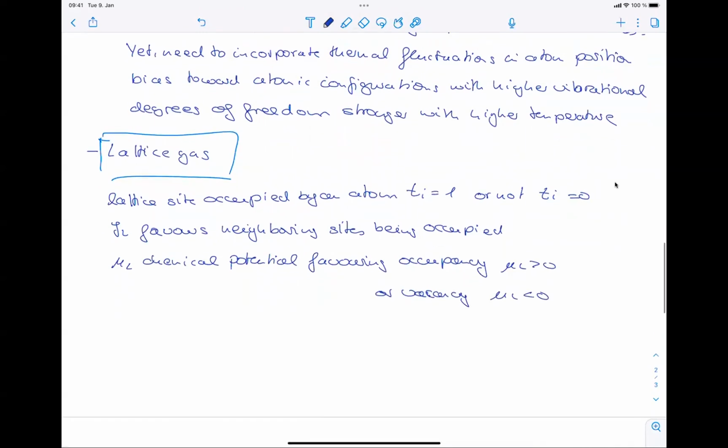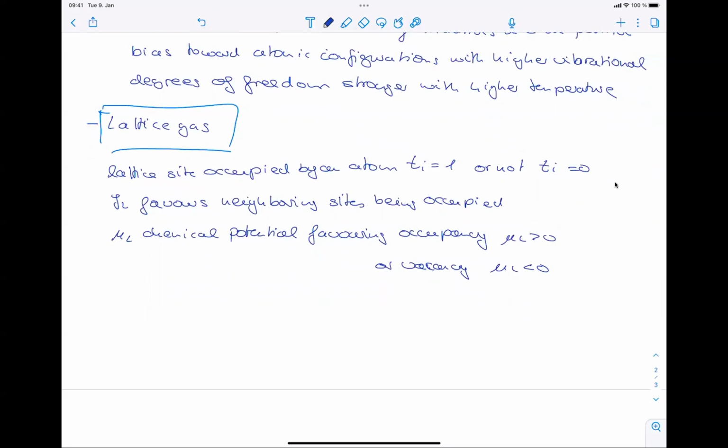And so taking these interactions into account, we can write down the Hamiltonian, where we have the interaction favoring sites to be occupied, which I only have if Ti and Tj are both non-zero, right? 0 was the state where it's not occupied, where there's a vacancy. So I only get a contribution to this energy term if both are 1.